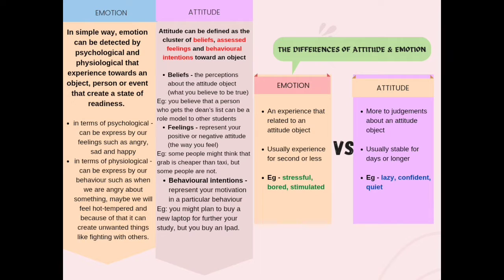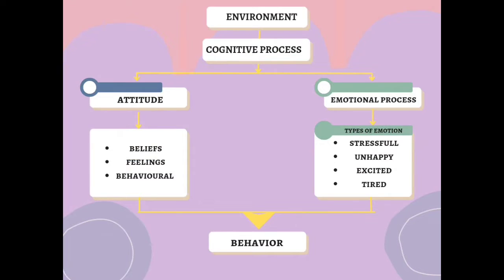From the example, we know that we are getting stressed, so we decide to take a few days to have some me time to release our stress. It means the feelings that we feel are just for a short time. However, attitude is more of a judgment, and it is usually stable for days or longer. As an example, confident.